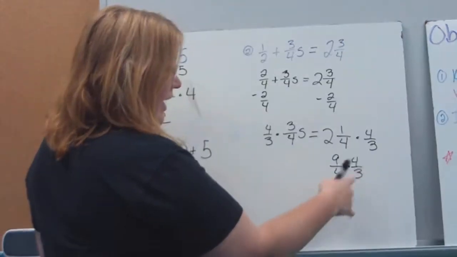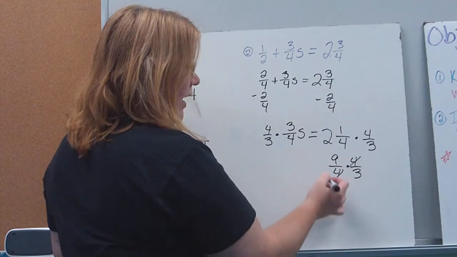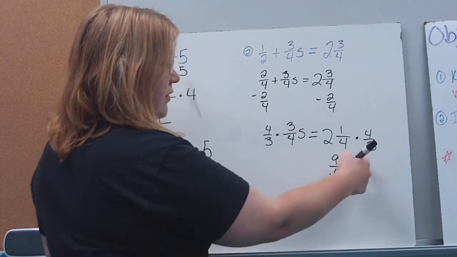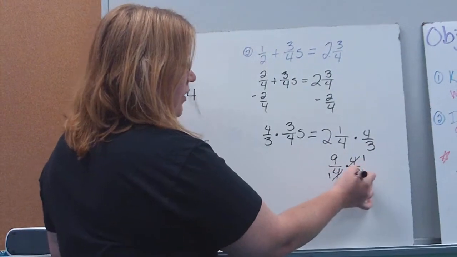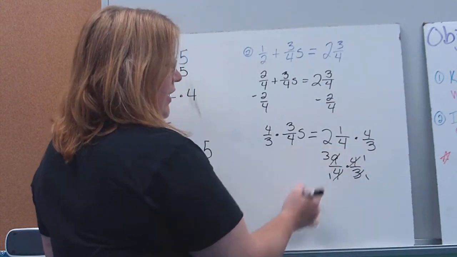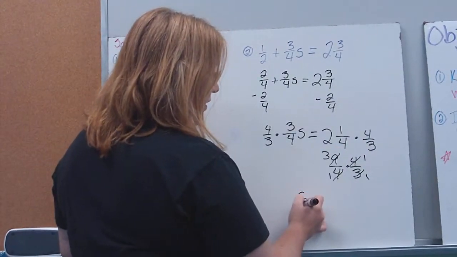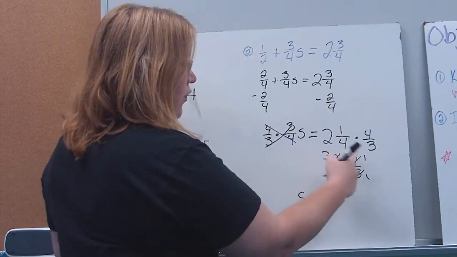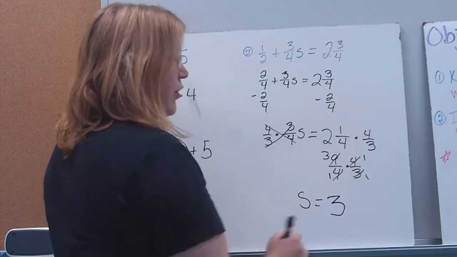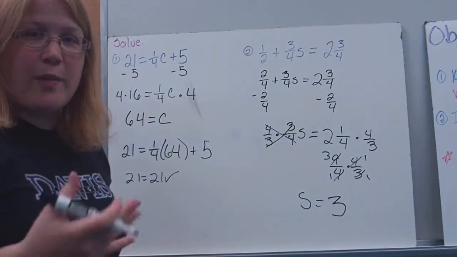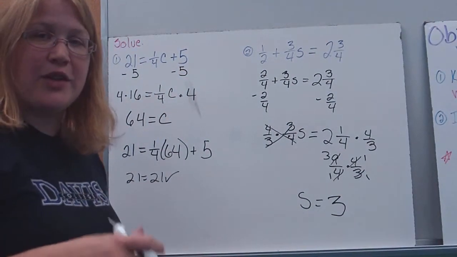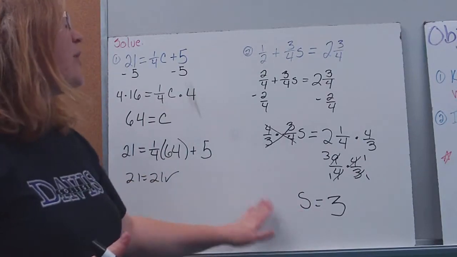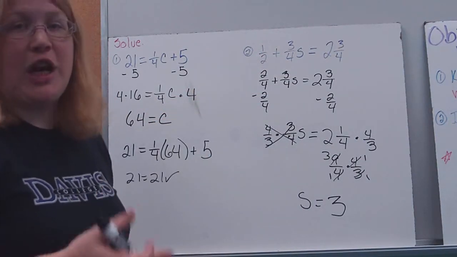I notice that there's a lot of canceling that can happen here, so I'm going to do that. 4 goes into 4 once, so the two 4s cancel. 3 goes into 3 once, and it's 9 3 times. So what I'm going to wind up with on this side, this canceled out, I'm left with s. Over here, I wound up with 3. All right? So just remember to take it step by step and make sure you're writing out your steps properly, and then always go back, plug it in, and check your answer.